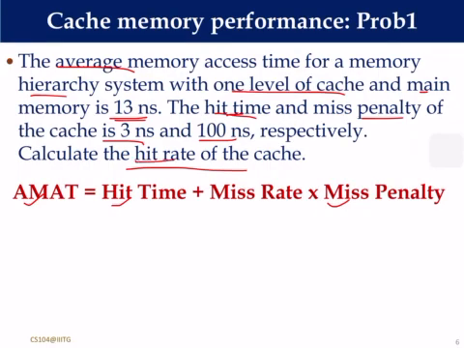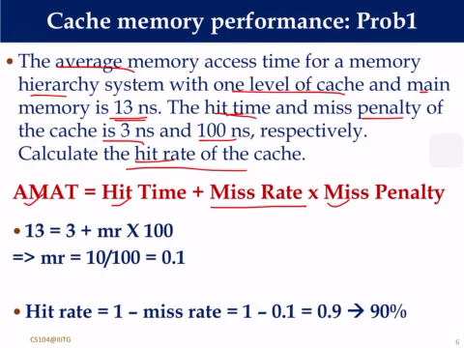From this equation, three things are given. First, let us find miss rate. If I consider MR to be miss rate, I have simply put the values: 13 average memory access time given, hit time 3 given, miss penalty 100 given, in nanoseconds.